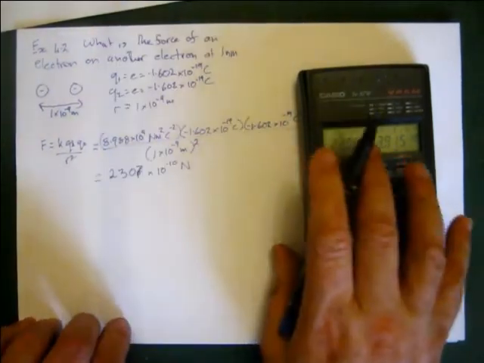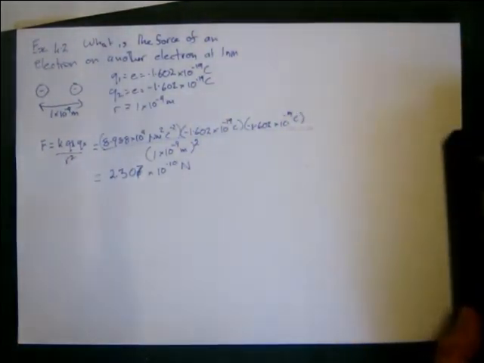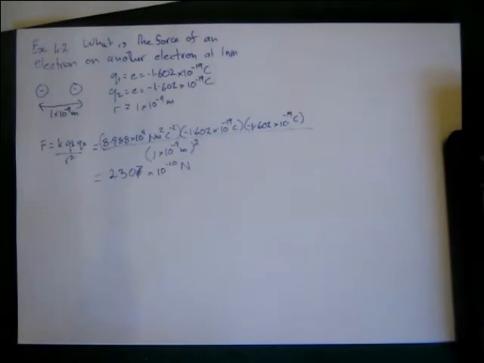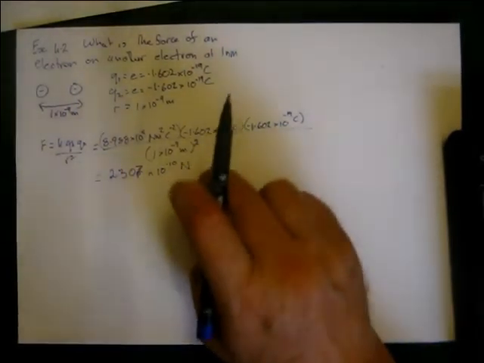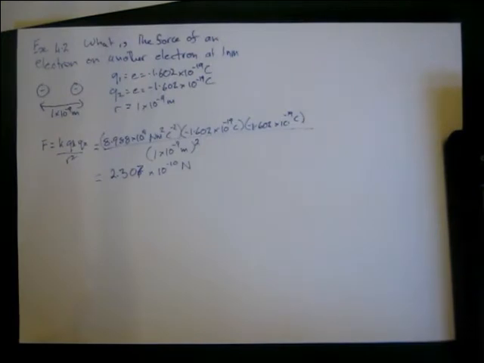newtons. And now we have to ask ourselves the question: is that a little or a lot? Does that seem reasonable? The thing you have to remember is that electrons are not very heavy. They're like 10 to the negative 30-something kilograms, so that's actually a very big force on an electron.